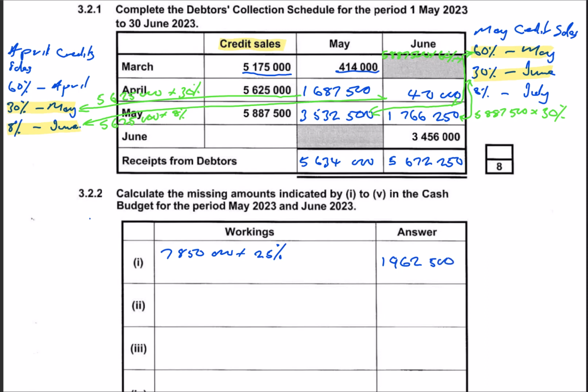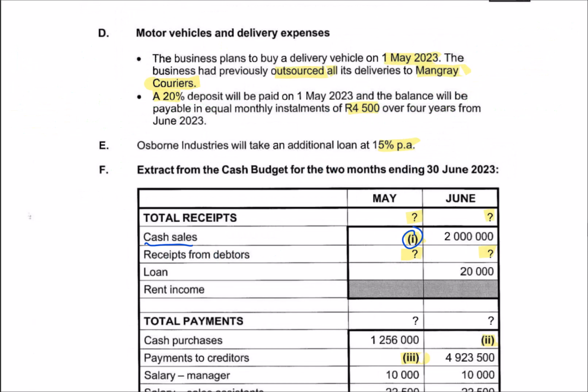Those are the cash sales in May. Then the next one, 2, says cash purchases in June. That will be a little bit of working. So cash purchases in June.